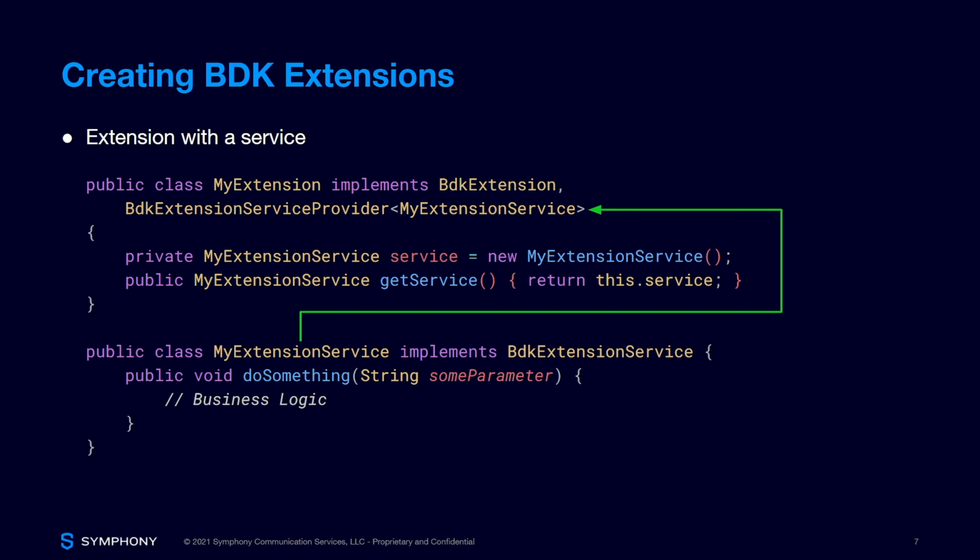So in addition to the BDK extension interface, your service-enabled extension also needs to implement BDK extension service provider parameterized with the class name of your service class. This service class needs to implement BDK extension service, and all public methods defined in this class are available to bot projects to consume. So back to the extension class, it needs to override the getService method that returns an instance of your service class.